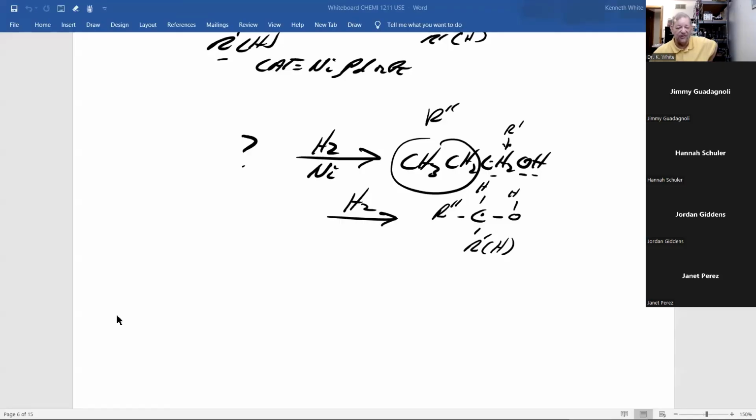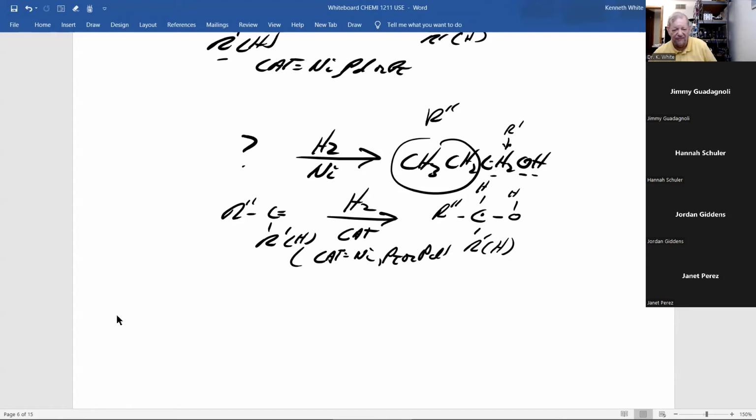Now, if we look at this, what do we react with hydrogen and a catalyst, where the catalyst can be nickel, platinum, or palladium? And the answer is a ketone or aldehyde. And notice we end up with 3 carbons.